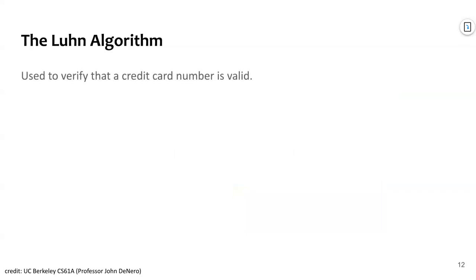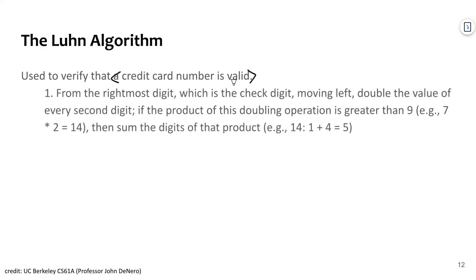This Luhn algorithm is used to verify if a credit card number is valid or not. So how do we do this? From the rightmost digit, which is the check digit, we move towards the left. And we double the value of every second digit.